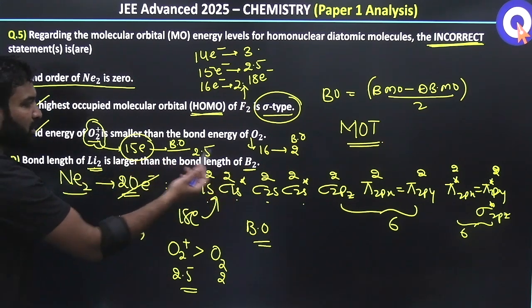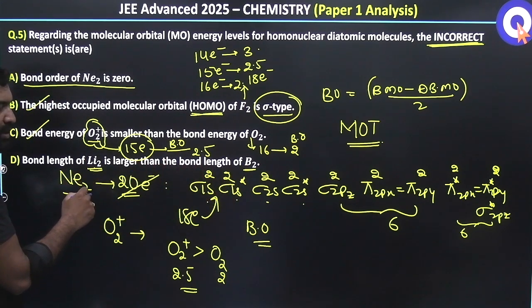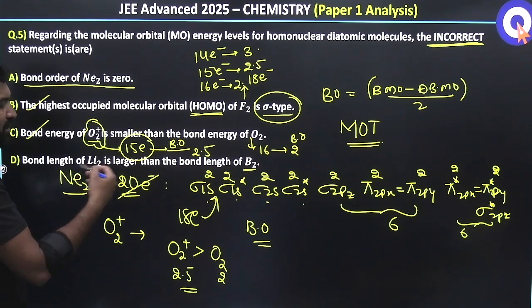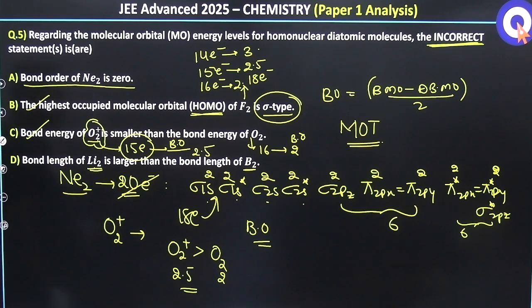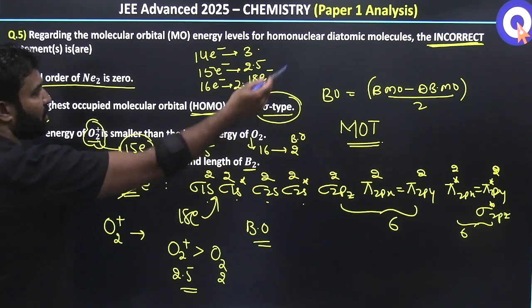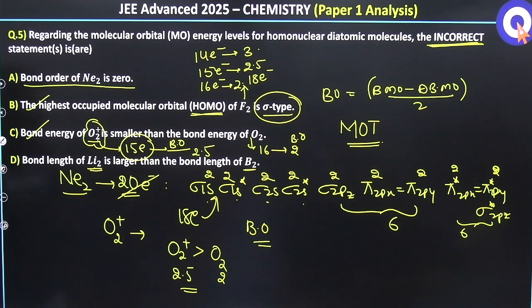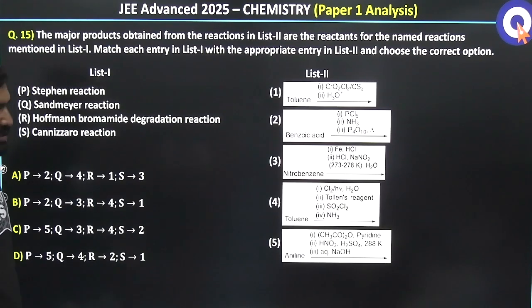So when both bond orders are the same, we look at the covalent radii. As left to right size decreases, lithium will have the larger bond length. So this statement is correct, but what is asked is the incorrect one, right? So the answer is BC.